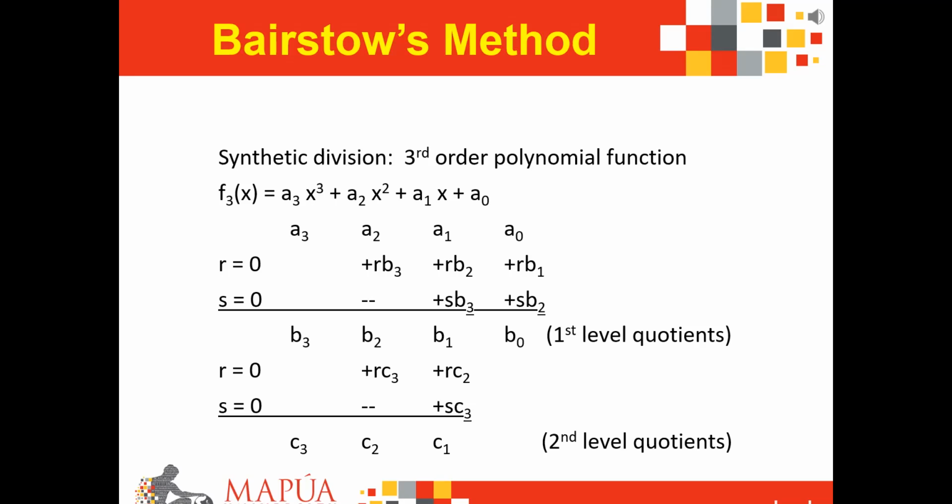You simply bring down B3, which establishes your second level quotient C3. In order to evaluate C2, you multiply r with C3 and add it with your quotient B2. To evaluate C1, you multiply r with C2, add it to the product of s times C3, and add it to your quotient B1.